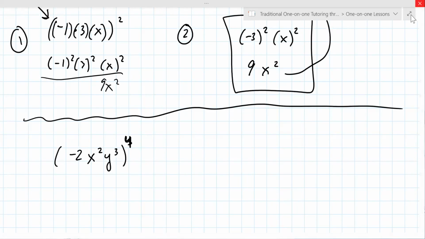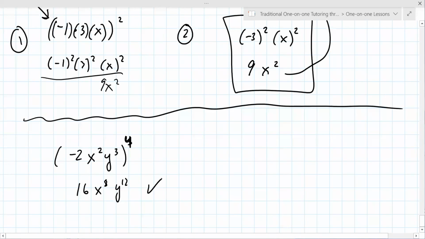So then you'd get 16x to the 8th power, y to the 12th power. I heard 16x to the 8th power y to the 12th power. Totally correct. Okay, sweet. And I just did that the way that you said you want me to. Yes.